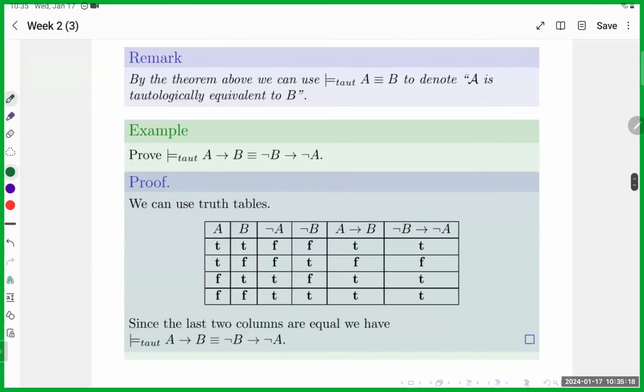Now, just like satisfiability or tautological implication, tautological equivalence can also be checked and verified using a truth table. Last time I talked about how to check tautological implication using a truth table. For tautological equivalence, it's even easier.